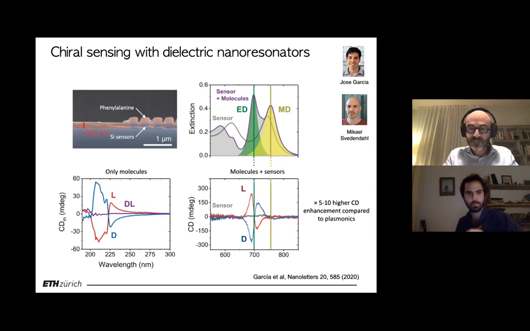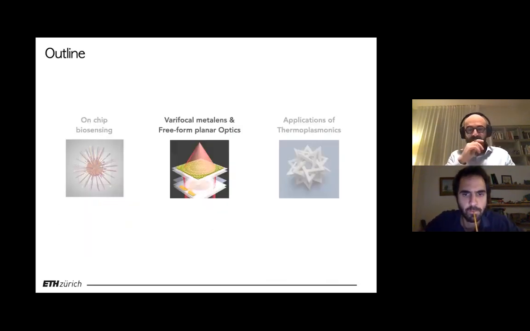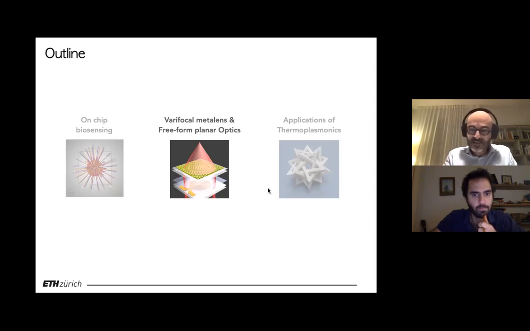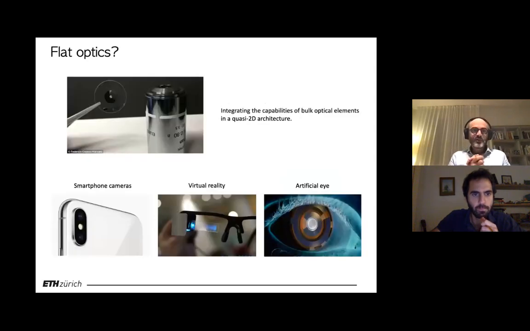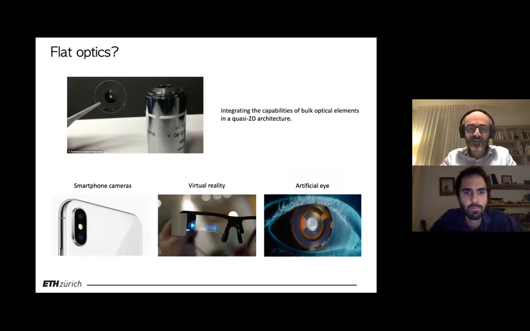So I would like to come now to something that is quite different, and that is for maybe those of you that are more interested in microscopy and imaging, also in integrated, let's say, optical elements. And here the motivation is this concept of flat optics that has been boosted more recently.